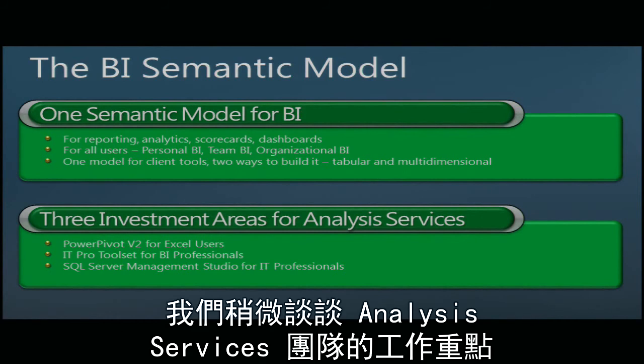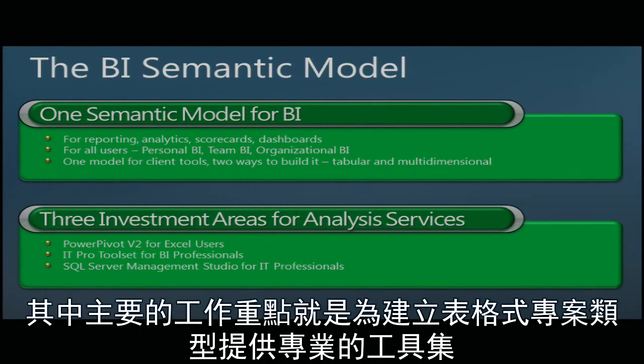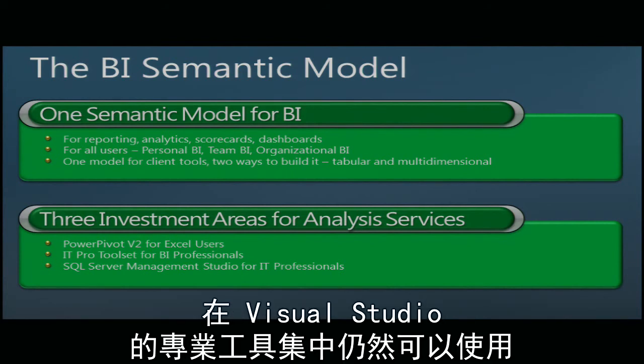Talking a little bit about the investment areas for the Analysis Services team, we can split the work we've done for this release into three different product areas. Our main focus for this release really was to offer a professional tool set for building tabular project types. Essentially, this meant taking the technologies that some of you may be familiar with from PowerPivot, which we introduced in the previous release, and making that available for professionals inside Visual Studio.